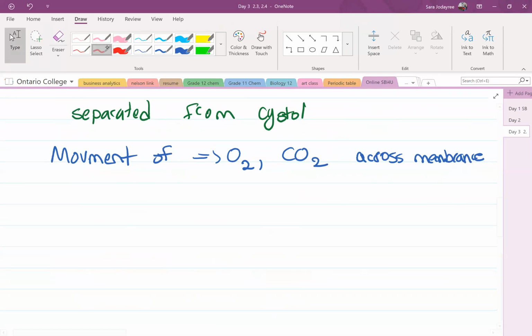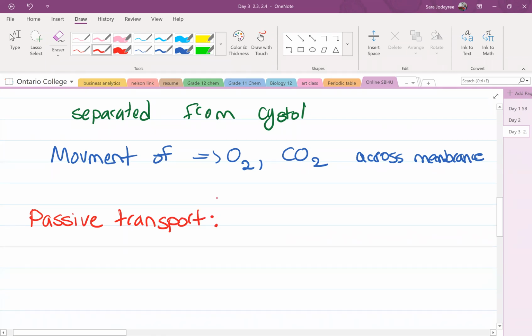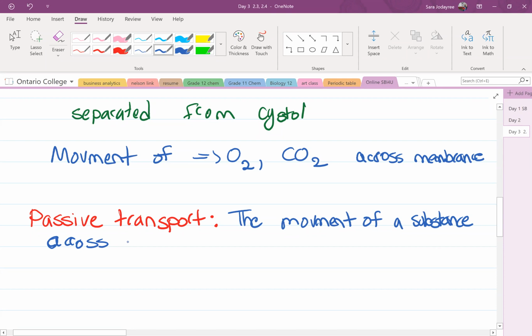So the definition of passive transport: the movement of a substance across membrane without expending energy.